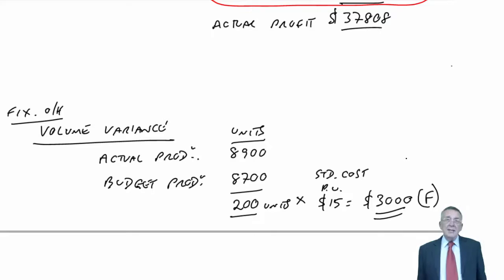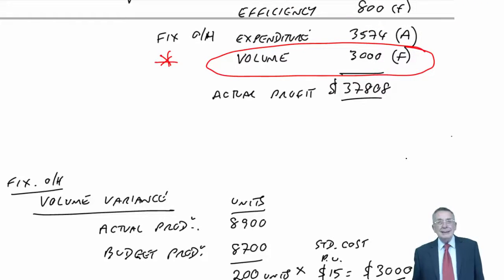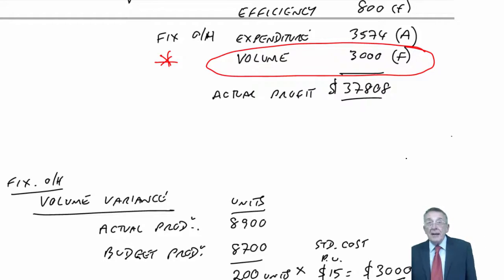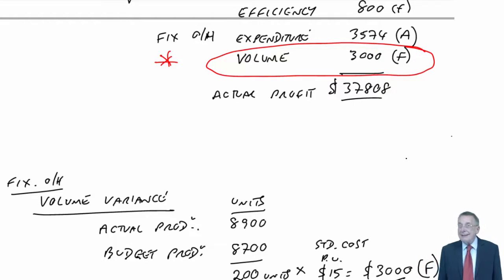And if that was the case, how have we managed to produce more? Two ways. Either we've managed to get more labour than I expected. If you get more workers, you can make more units. Or our workers worked faster. If our workers work faster, then in the same hours, we can make more units.